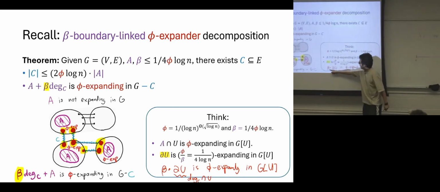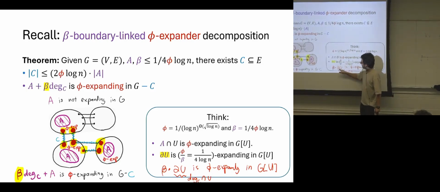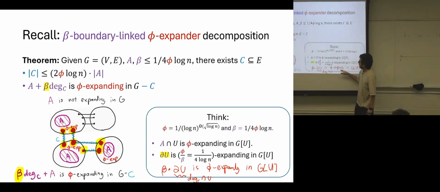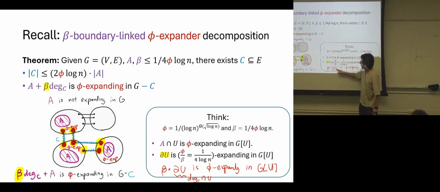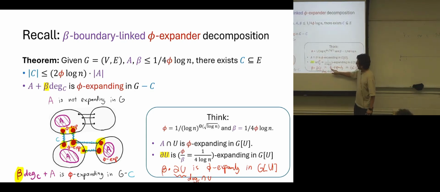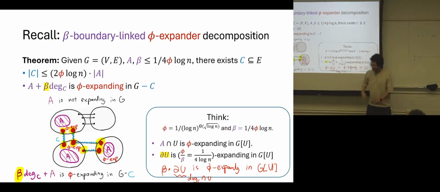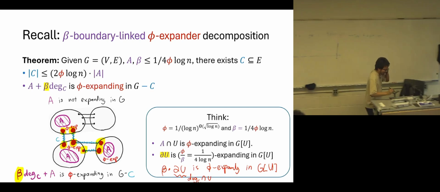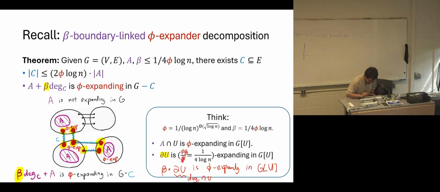If 10 times this is phi expanding, then wait, sorry, this should multiply.